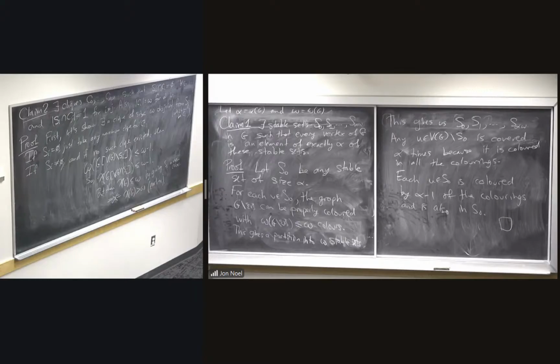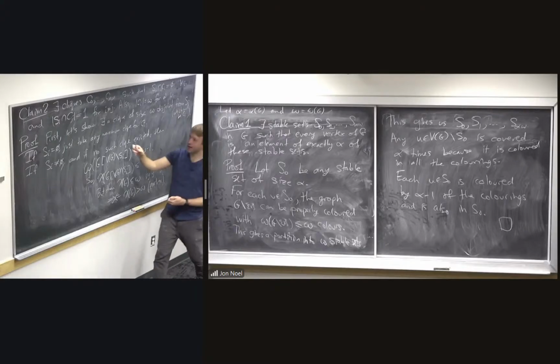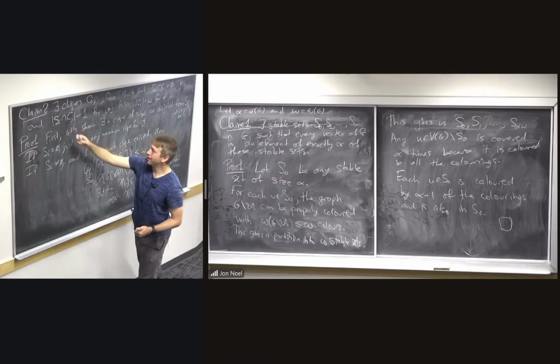Okay, I haven't proved the rest of these statements, but this proves that I can pick a C_I that's disjoint from S_I.